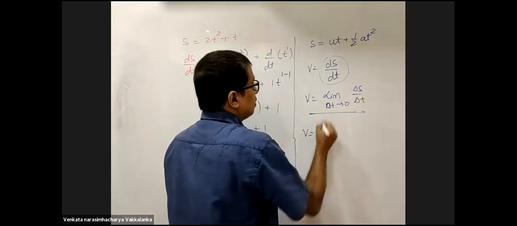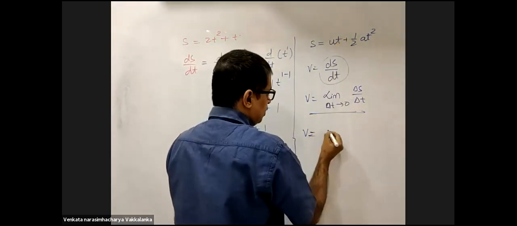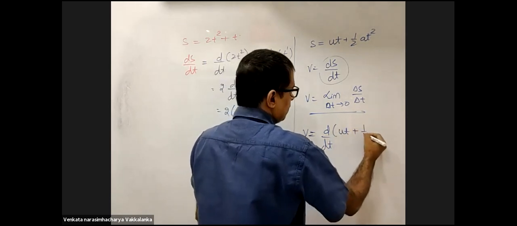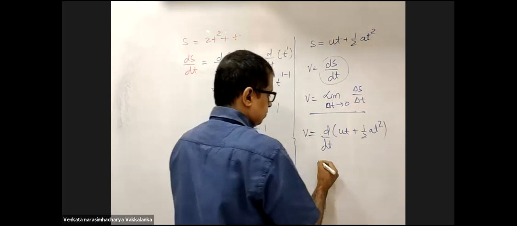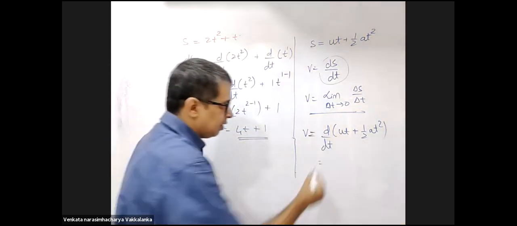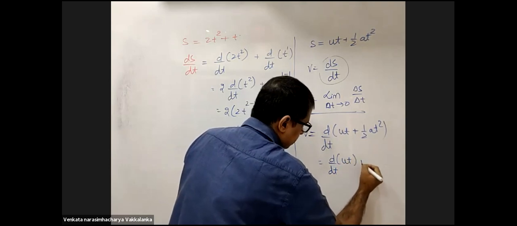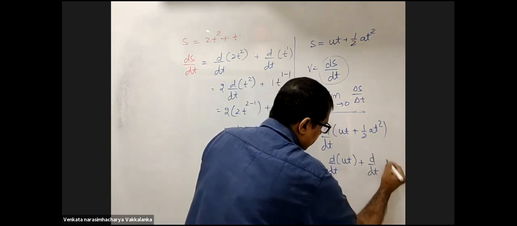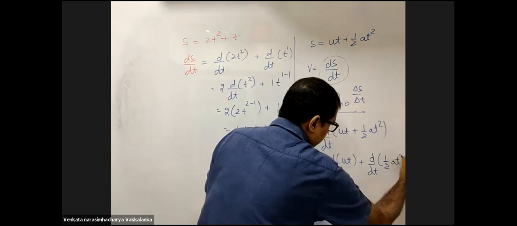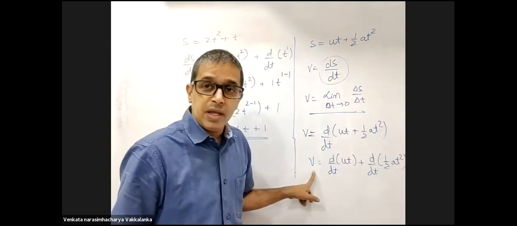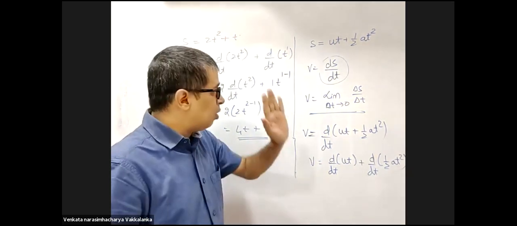Differentiation of this: d by dt of ut plus half at square. This will be d by dt of ut plus d by dt of half at square. What are you trying to find out? Velocity. What do you know about velocity?